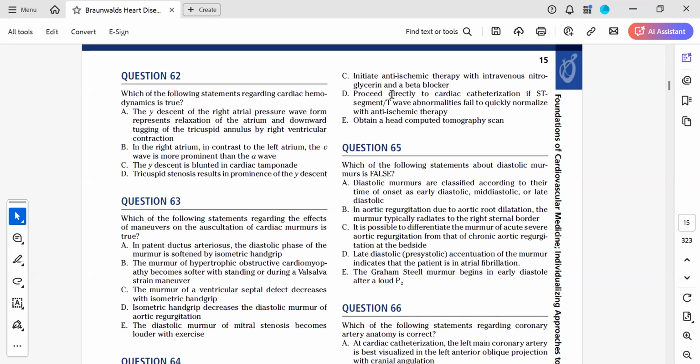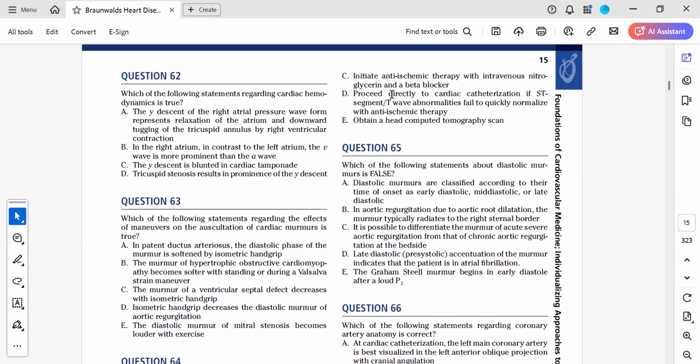Option B says, in aortic regurgitation due to aortic root dilatation, the murmur typically radiates to the right sternal border. This is true. The typical murmur of aortic regurgitation is at the second intercostal space to the right, right?